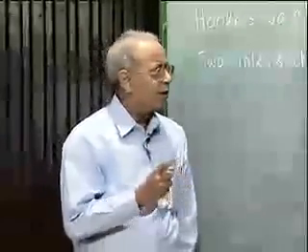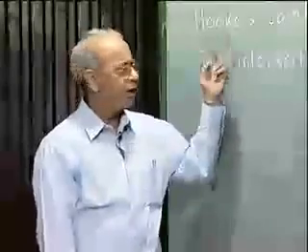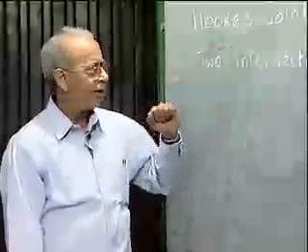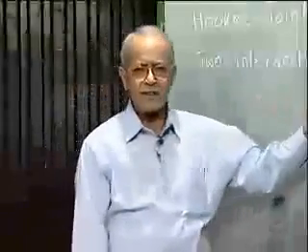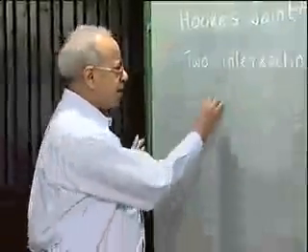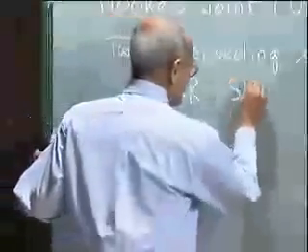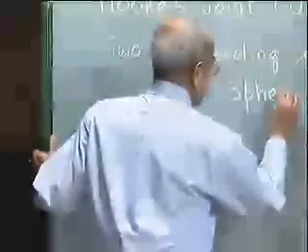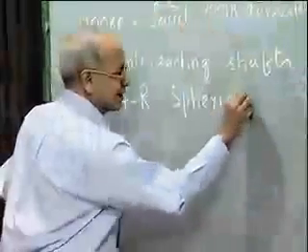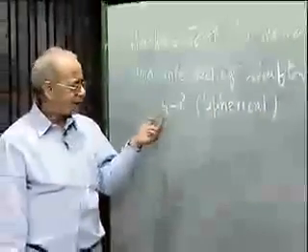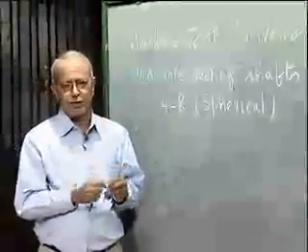After that, we discussed what we call a Hooke's joint or a universal joint, which is used again in automobiles to connect two intersecting shafts. This is nothing but a 4R mechanism, but it is a spherical linkage because all the revolute axes are not parallel but rather intersect at one point.